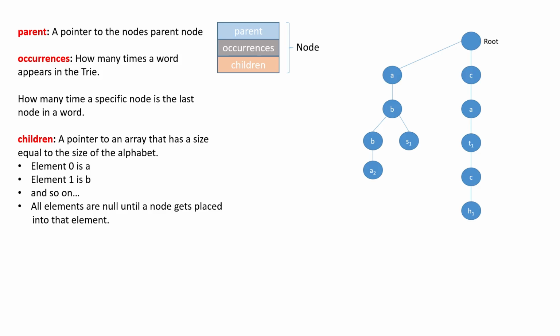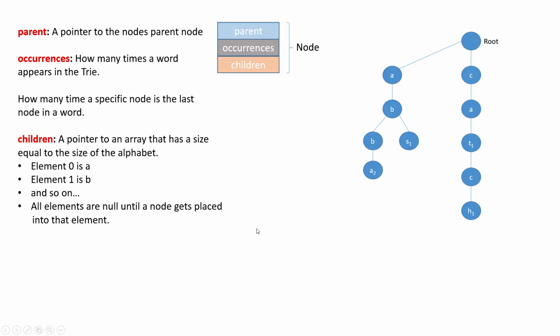When you first make the children, all elements in the array are set to null. And once you have something to put in there, like A, the first node, then element 0 would no longer be null because you've put a node in there.